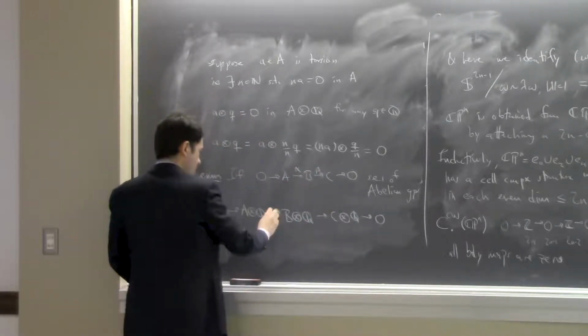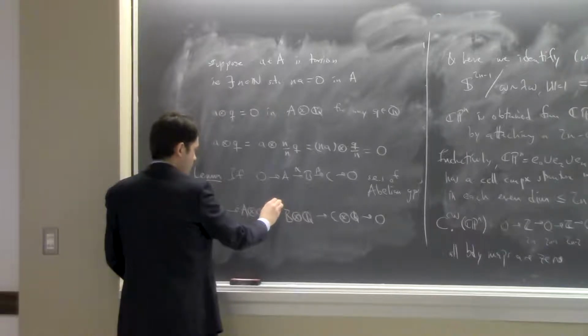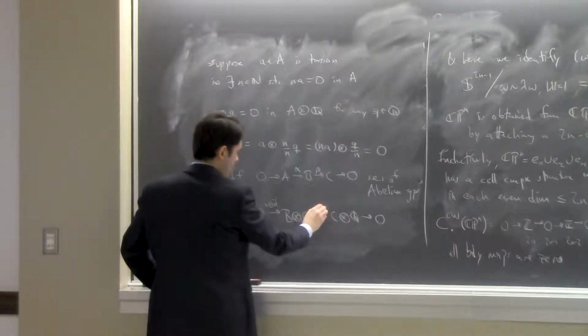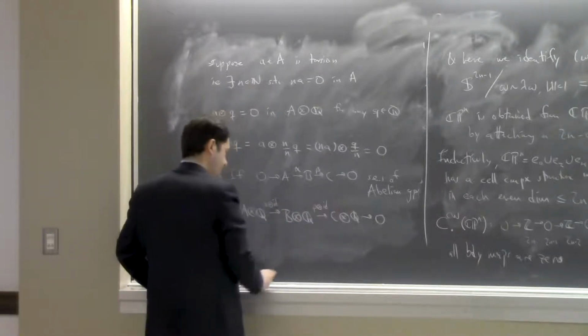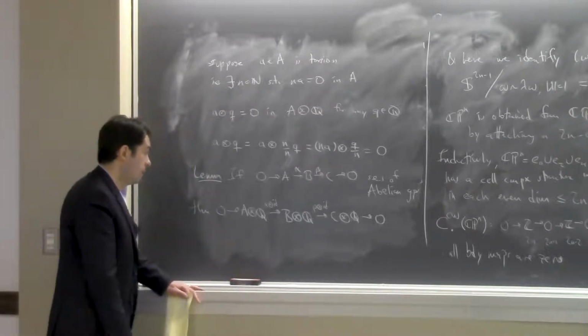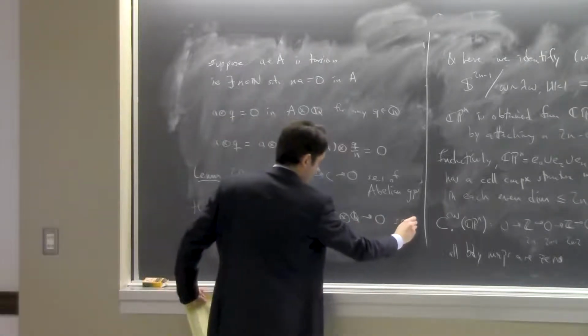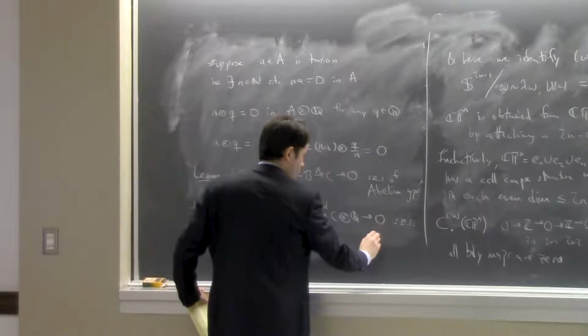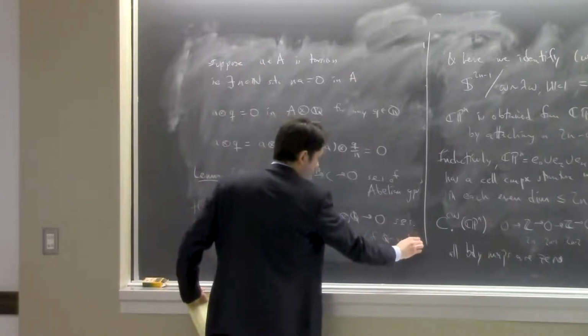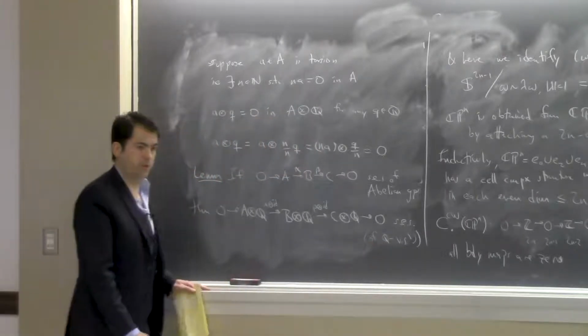Alpha, beta, so this would be alpha tensor the identity and beta tensor the identity. This is still a short exact sequence, but now of Q vector spaces. So still of abelian groups, but very nice abelian groups.